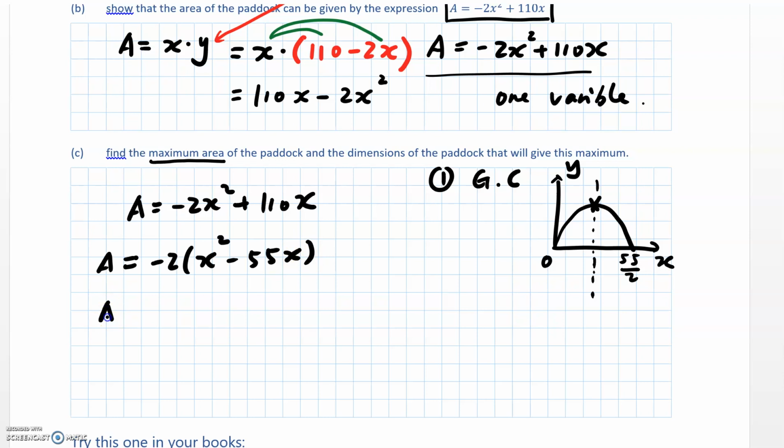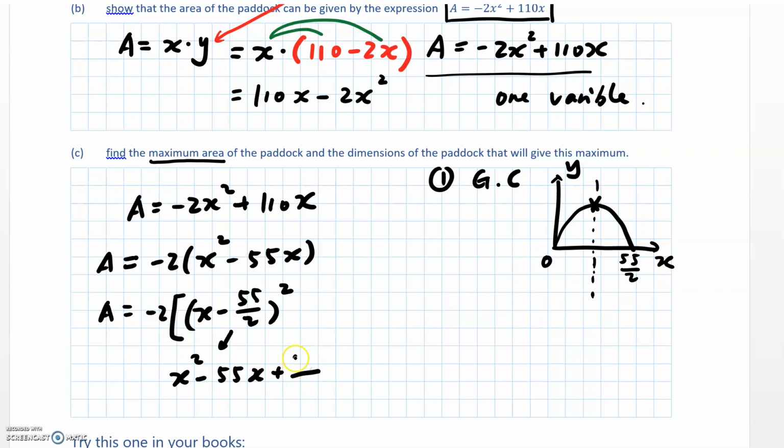Then I complete the square: x squared take 55x plus half of 55 to the power of 2, so therefore I have to take 55 over 2 to the power of 2. There's no constant term after 55x, so I don't need to add or take anything else. That's my completing the square.